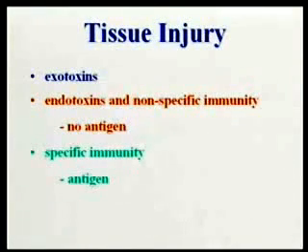I'll show you some definitions on the next few slides. But this relates specifically to a protein, exo meaning outside, being secreted. An endotoxin refers to the components of a bacterial cell envelope, in particular the lipopolysaccharides, the peptidoglycans, the teichoic acids.